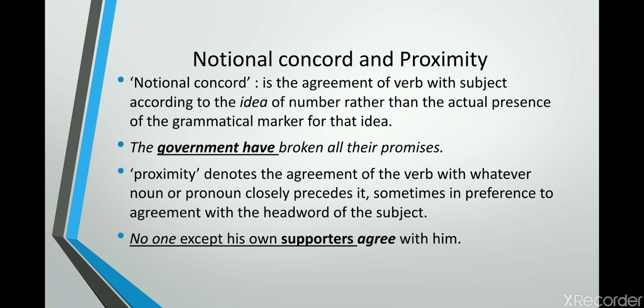Since the word supporters is closer to the verb than the nominal element no one, we are going to consider the verb as plural. So we use the verb agree, which is here used with plural subjects rather than singular.